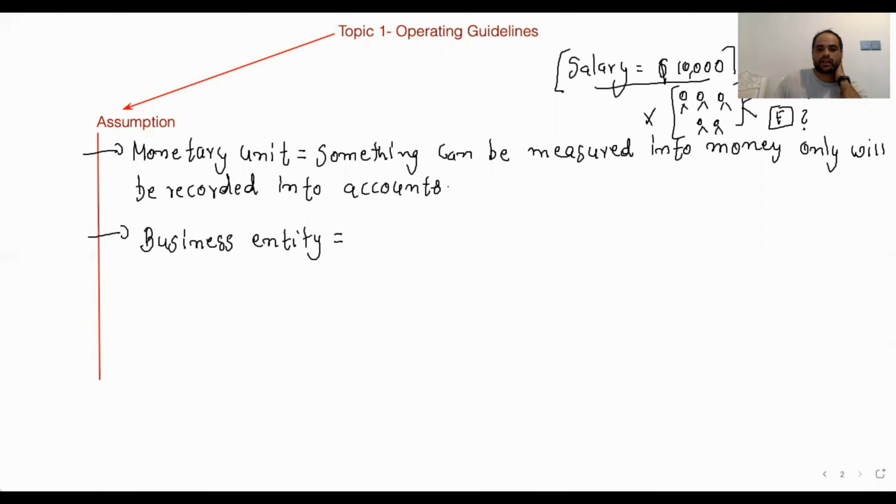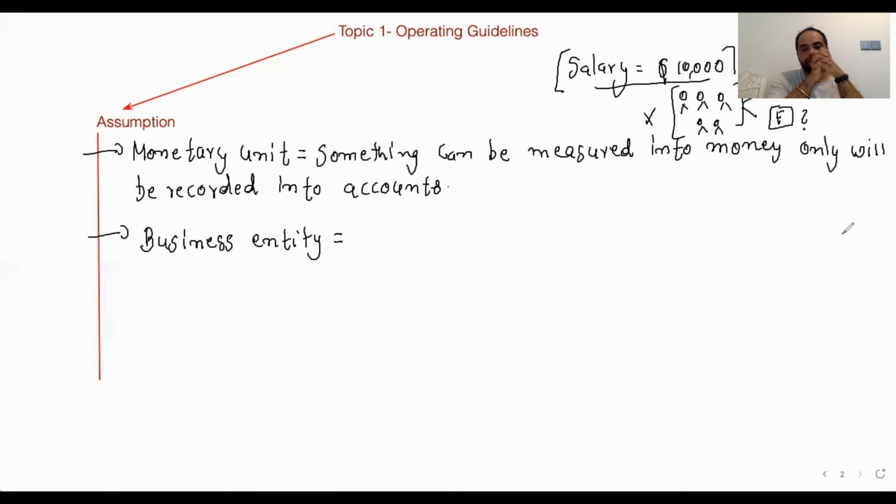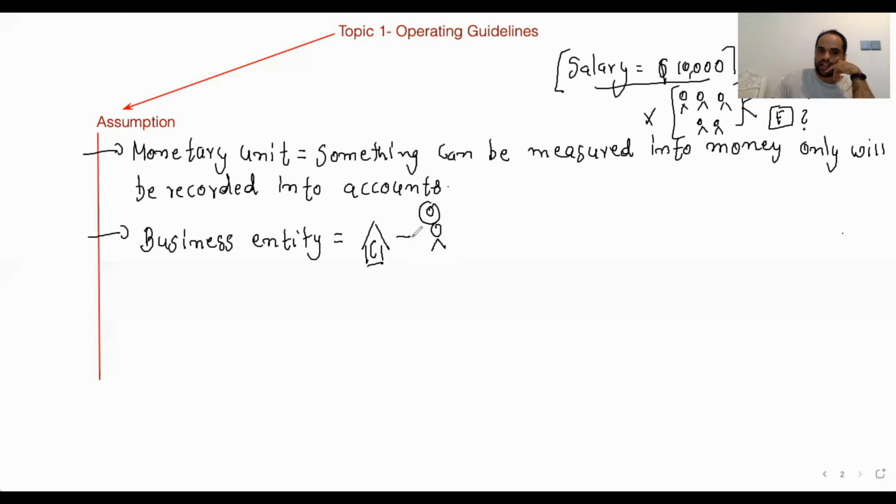Business entity assumption. Now, what is the business entity assumption? According to the business entity assumption, this is the company, and this is the owner of the company. The company and the owner of the company are not the same.